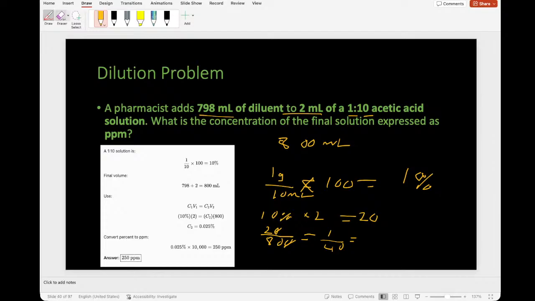But we want to make sure that we understand what they're showing here in terms of grams or milliliters. So let's see if we can make it work. So 1 over 40.